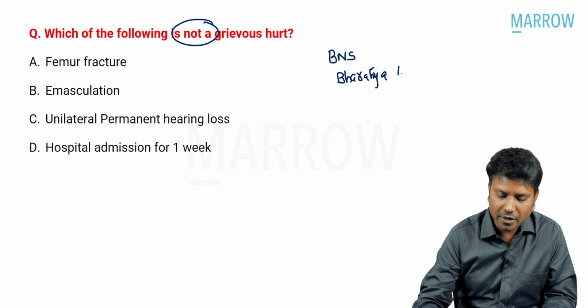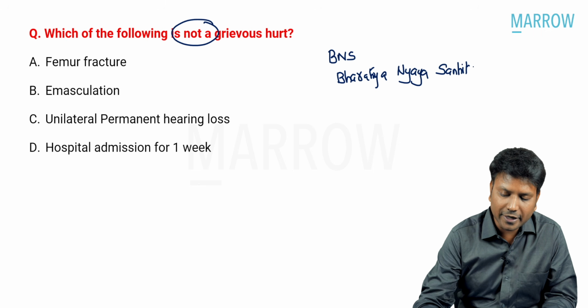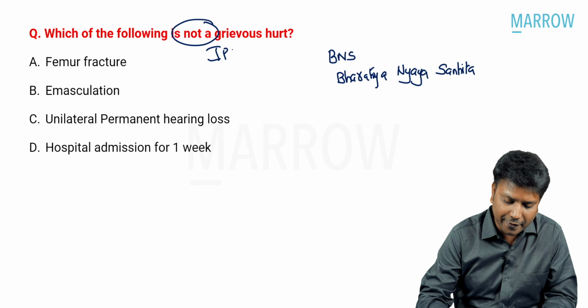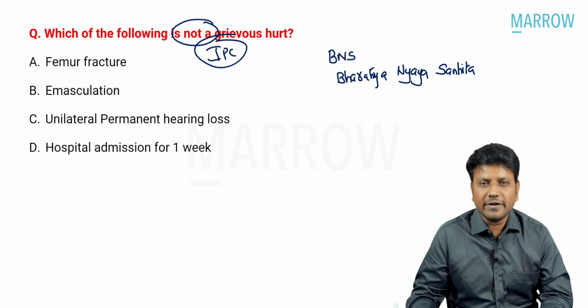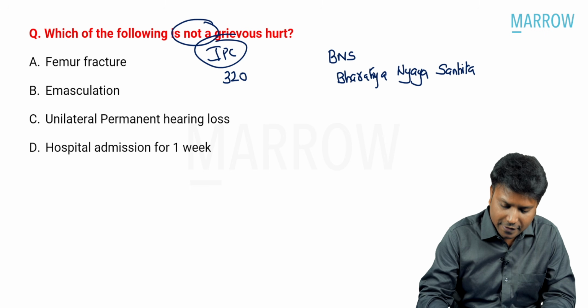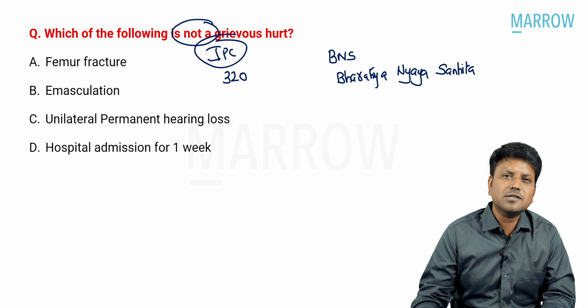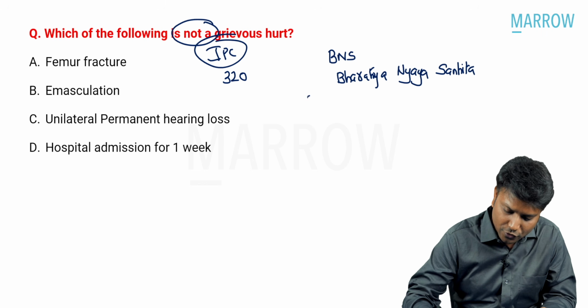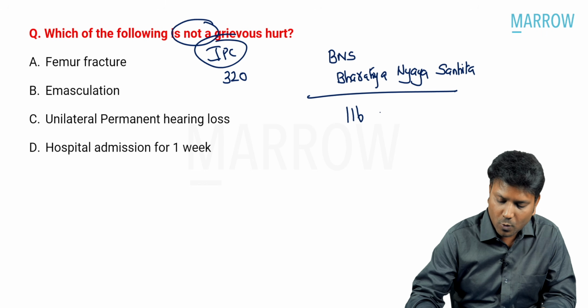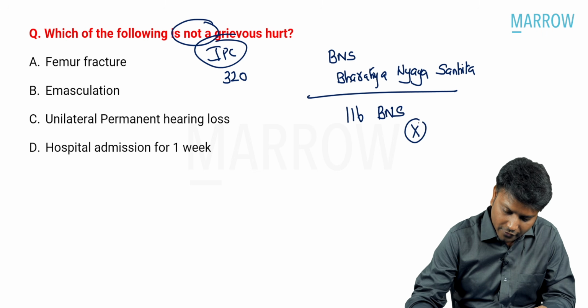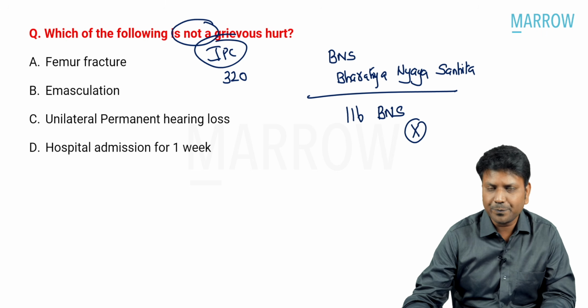Earlier, before that, we had IPC. The grievous hurt is given by 320 IPC, whereas in BNS, it is given by 116 BNS. Remember, this is important if you're appearing for future examinations.